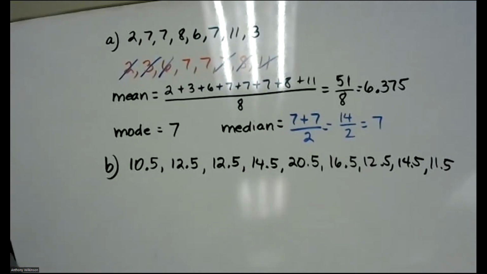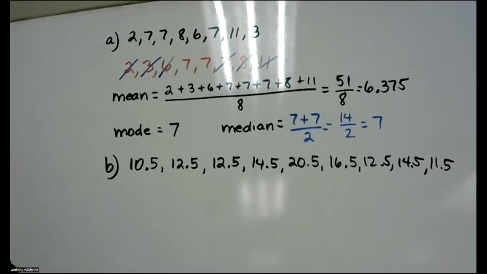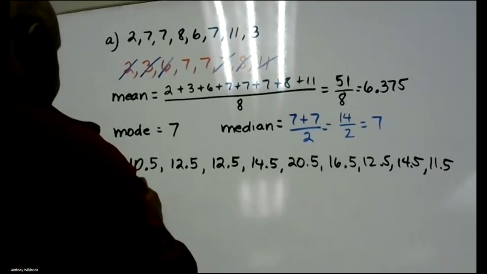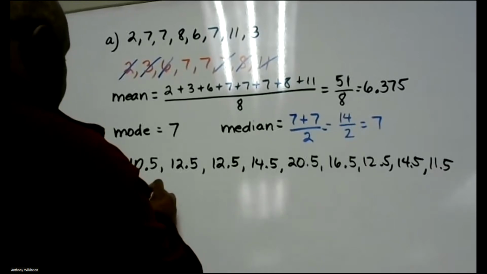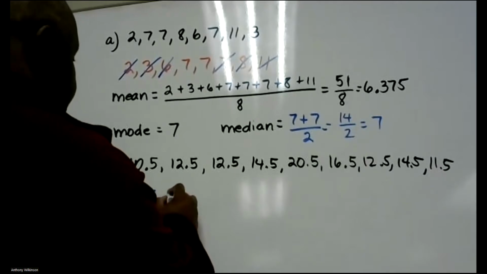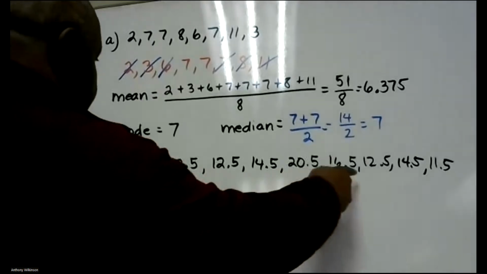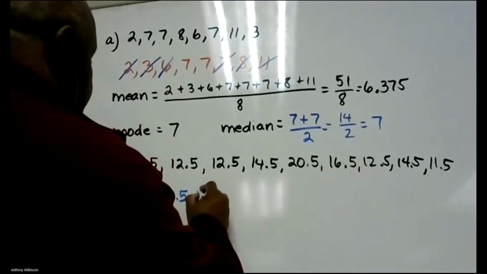Well, first of all, we need to put these data values in numerical order. So in this case here, let's see, the smallest is 10.5, I believe. And then we got 11.5. And I see 12.5 three times.